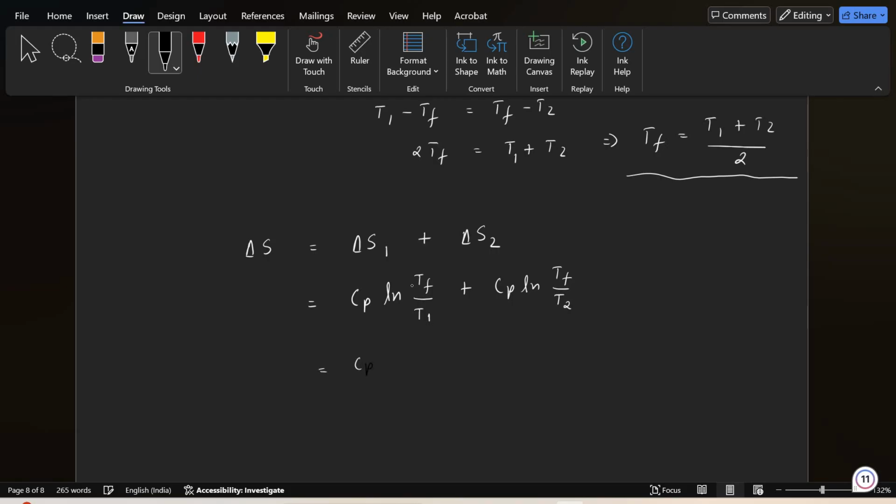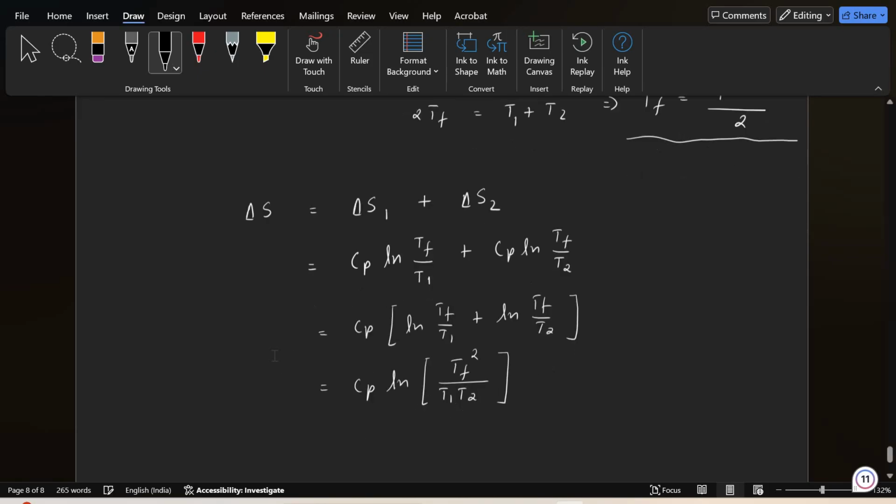So it's going to be Cp times ln Tf by T1 plus ln Tf by T2. Since it's ln, you can just multiply the values inside. So it will be Cp ln Tf square divided by T1 into T2.